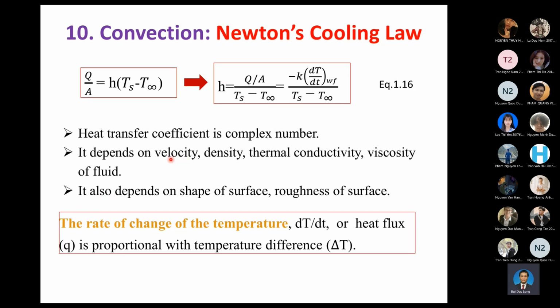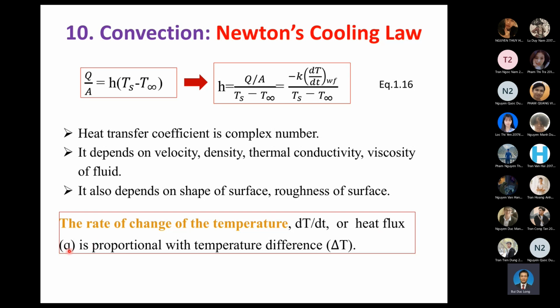So the heat transfer coefficient also depends on the shape of the surface and the droplets on the surface. Please take note here of the rate of change of the temperature, dT/dt, or heat flux.